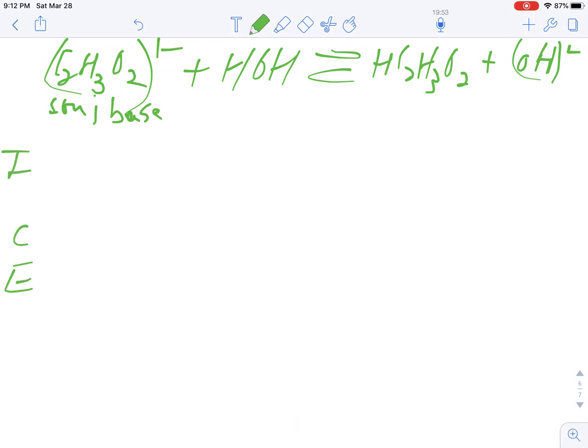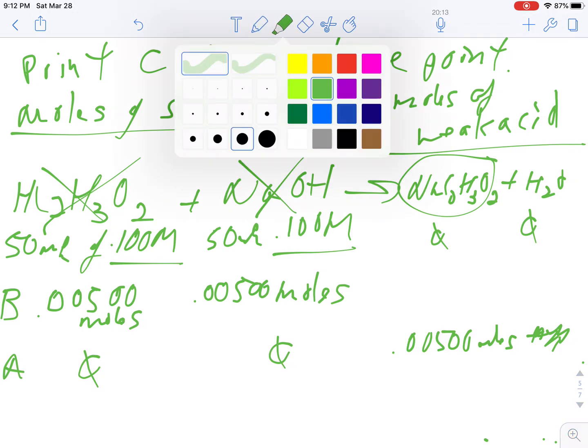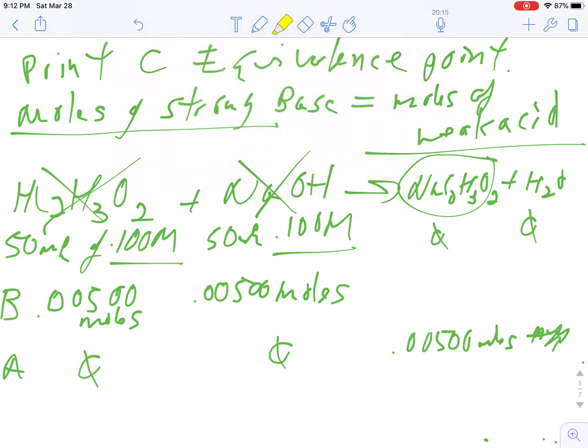This has to be an ice table. Okay, so point C and point A both have to be ice tables. How many moles do I have? This many moles. But remember, ice tables have to be a molarity. So how much volume do I have? Well, let's go back and look. We've got this much of this and this much of this, so 50 plus 50 is 100 mils.